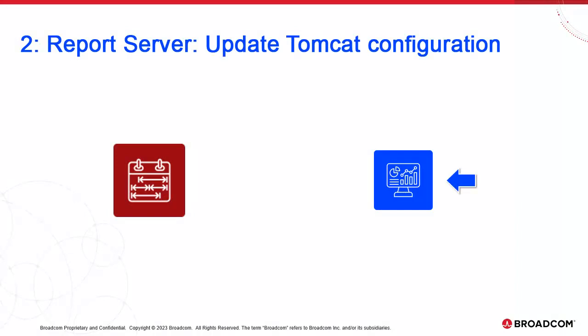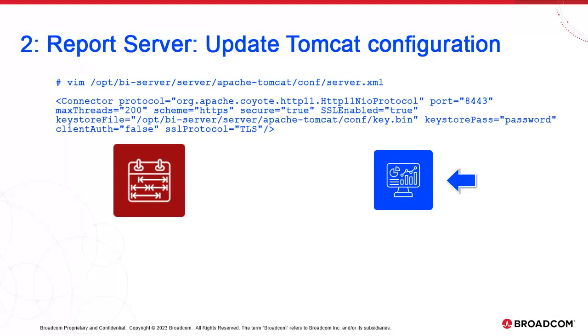Next, we update Tomcat so it is TLS enabled on the report server. We do so in the server.xml file using the connector protocol tag and specify the name and location of the key store file.